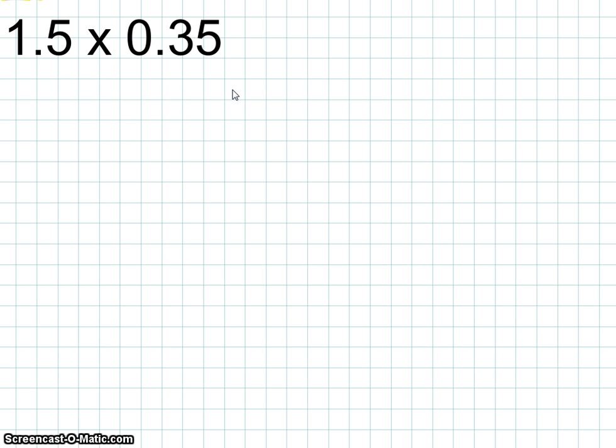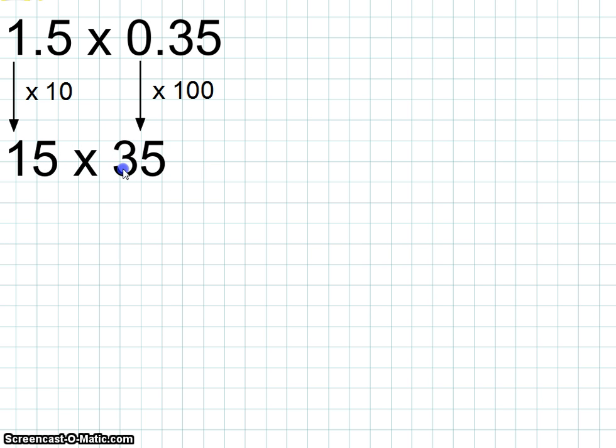We discussed how it's okay to change those numbers so that we change the question into something that we feel a little bit more comfortable with. So, how can we change these two numbers into numbers that we feel more comfortable with? Well, if we multiply the multiplier by 10 and multiply the multiplicand by 100, what happens? We change the question into something that looks like that.